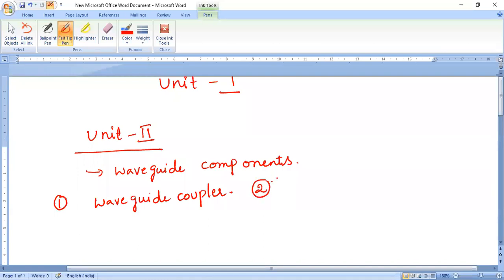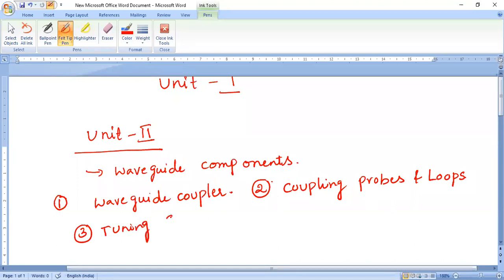And the second one is coupling probes and loops. Another one is tuning screws and posts.